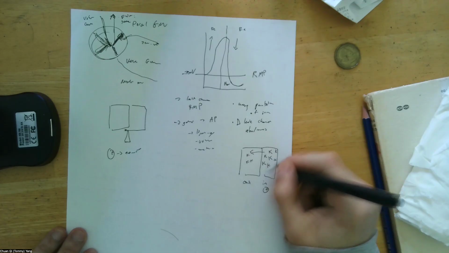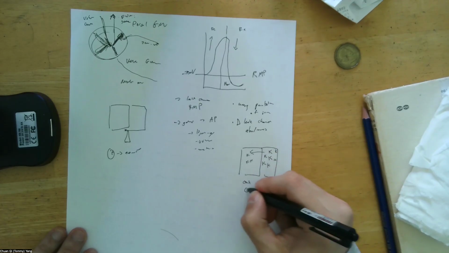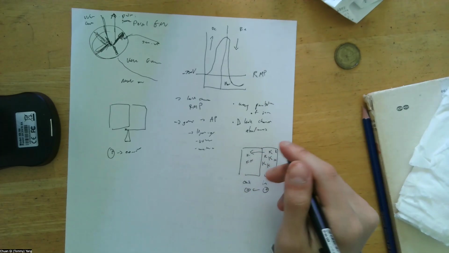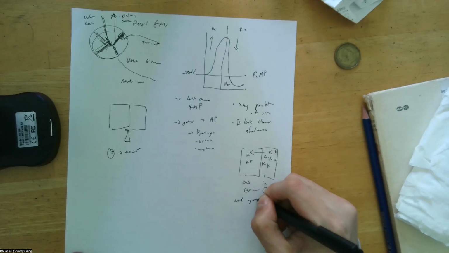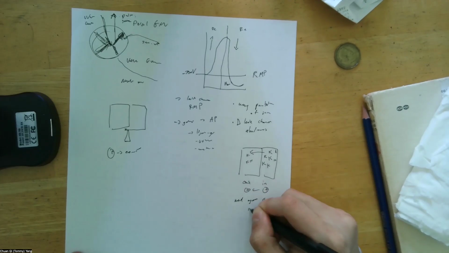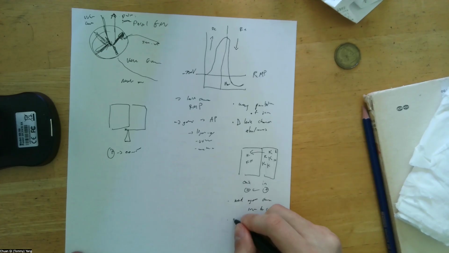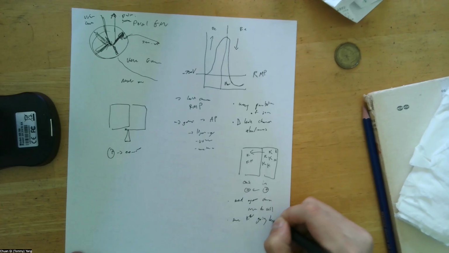So as it moves out, the outside of the cell becomes more and more positive, and that creates a net negative charge inside the cell. And this leads to some potassium going back.